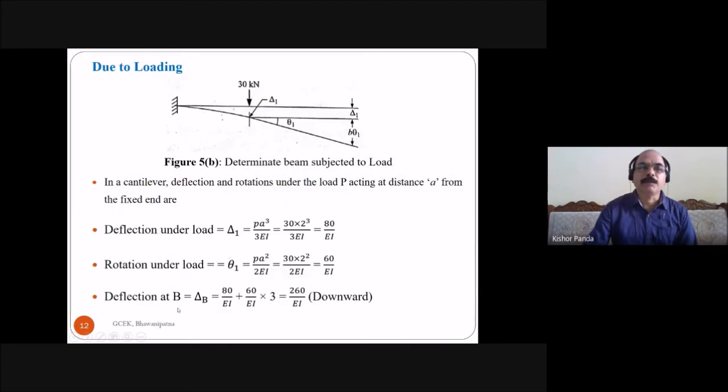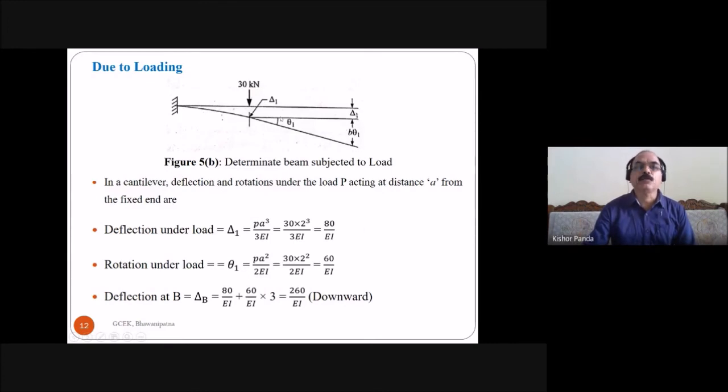So the deflection at B is equal to 260 by EI downward. This is due to loading. Now, what is the deflection at the free end due to the redundant force?